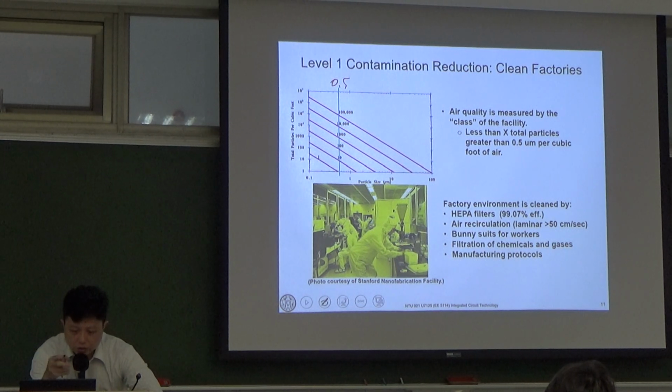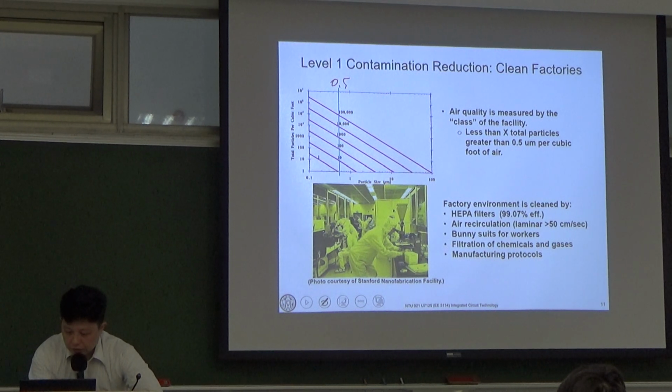And so again, class 1 or class 10, this number means the number of particles greater than 0.1 micron per cubic foot that you can find in this environment. So we want this number as small as possible.